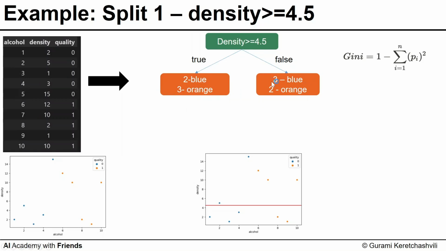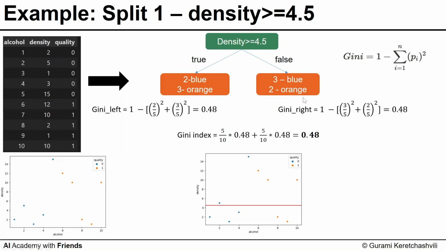In the right, we have 3 blue and 2 orange. We calculate the Gini index of each part. Gini left equals 1 minus (2 over 5) squared plus (3 over 5) squared, because we have 2 out of 5 blue and 3 out of 5 orange dots. We can do the same technique in the right node as well.